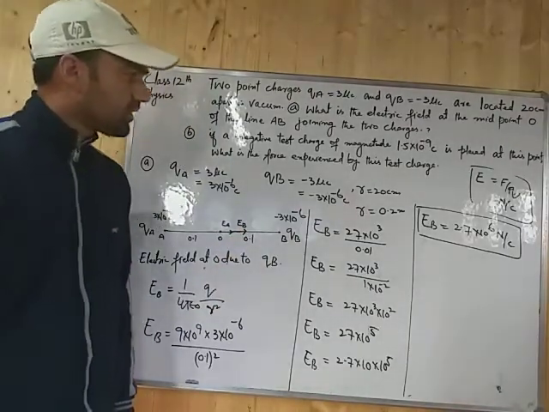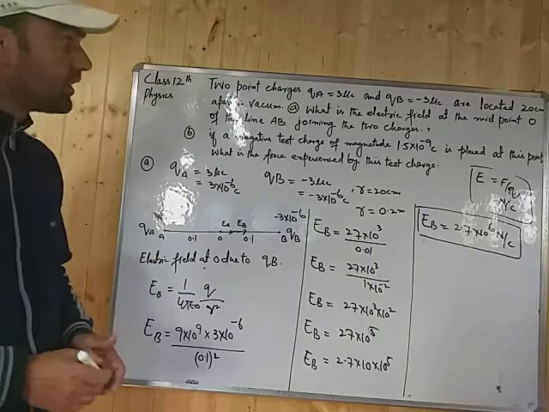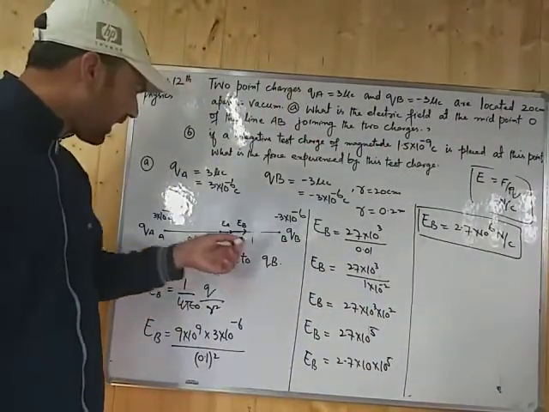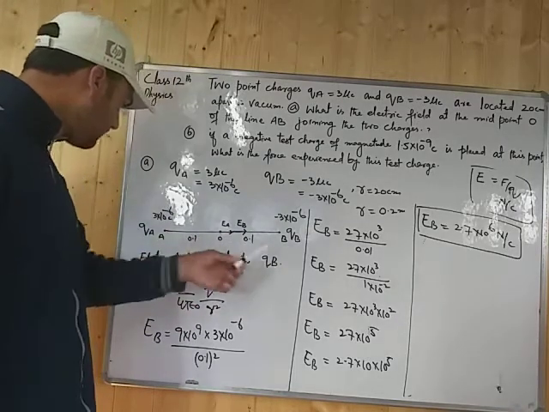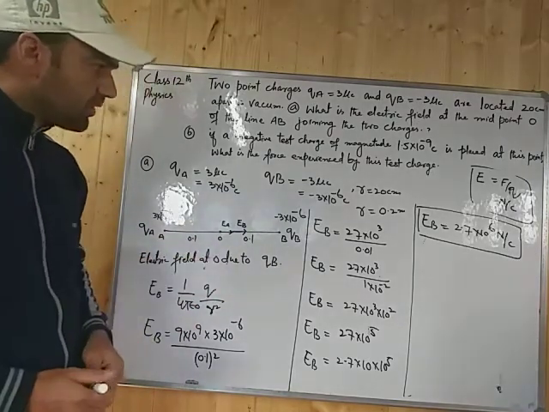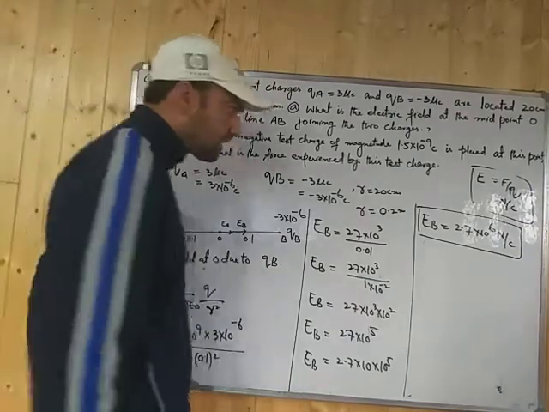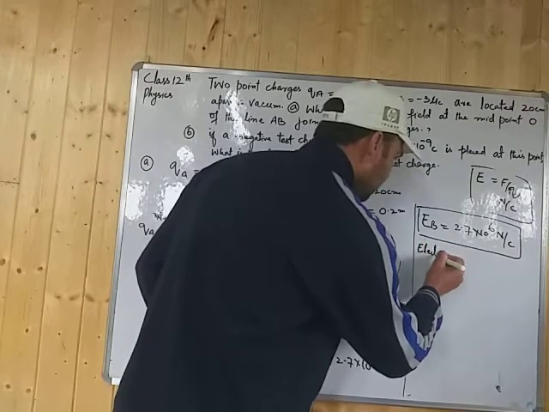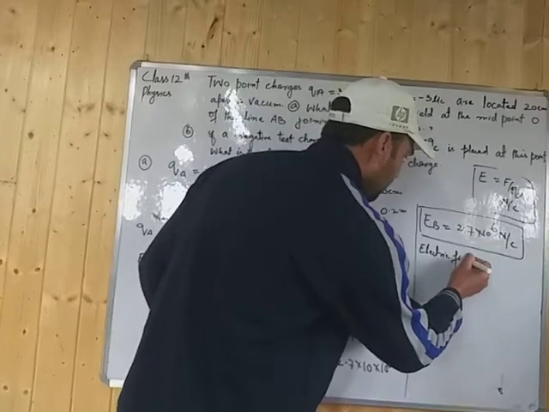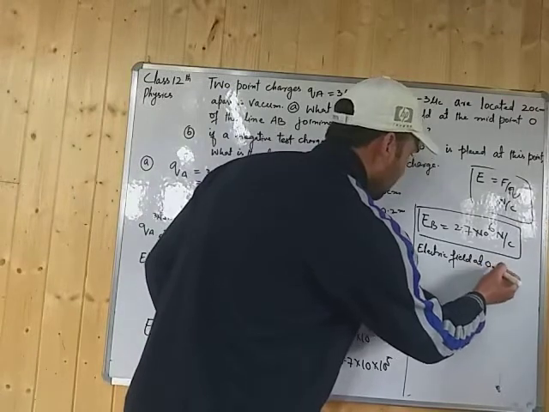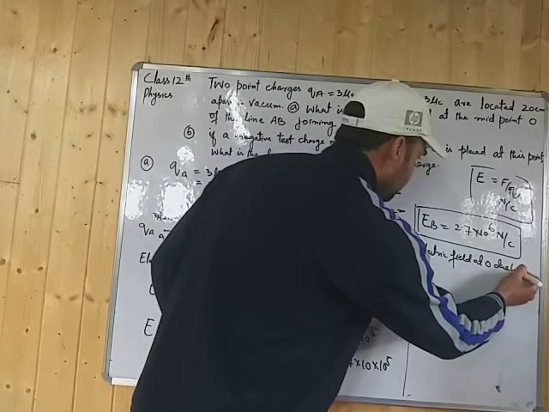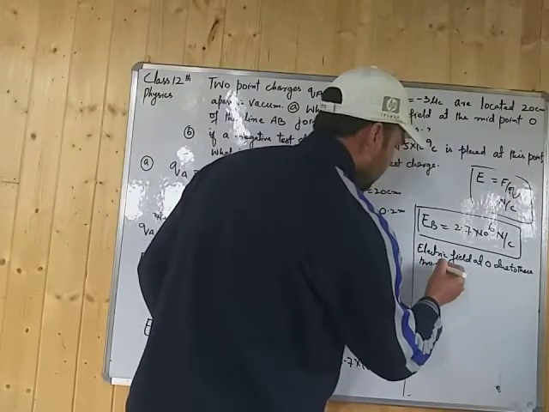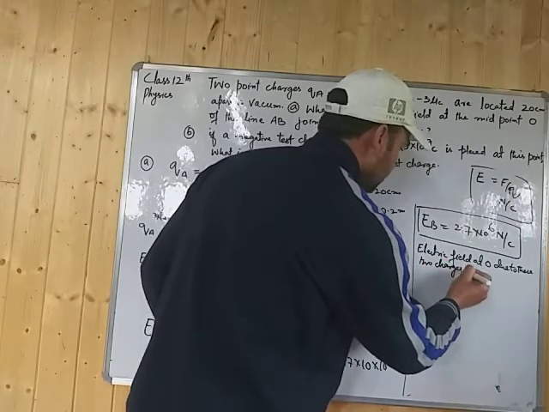So this was the first part, but we have to calculate the total field. What is the electric field at the midpoint? At this point, the electric field at the midpoint due to both the charges QA and QB. So we'll calculate the electric field at O due to these two charges.